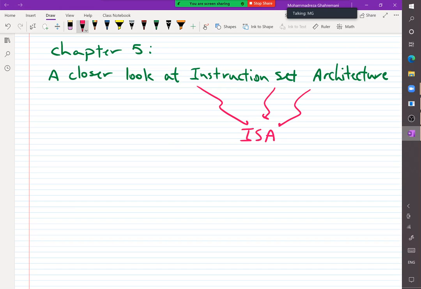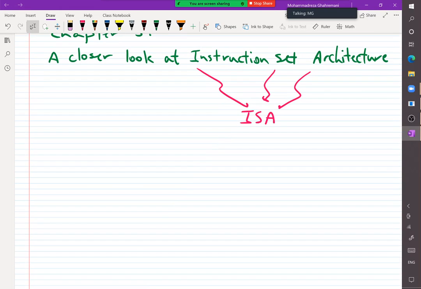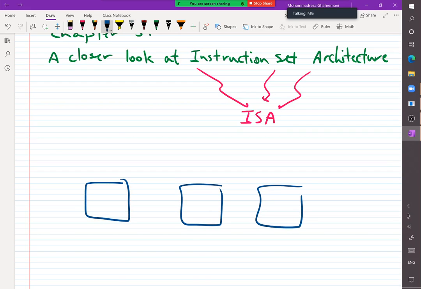So let's say we have three processors: CPU number 1, CPU number 2, CPU number 3. Each of these CPUs has its own machine language: machine language 1, machine language 2, and machine language 3.